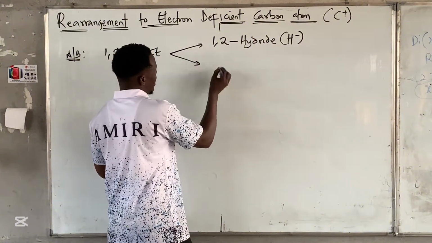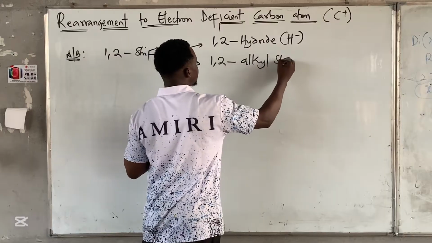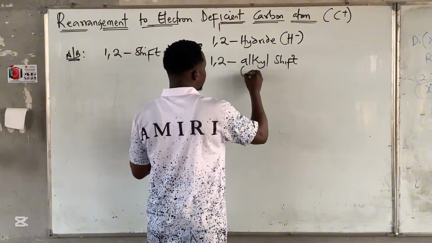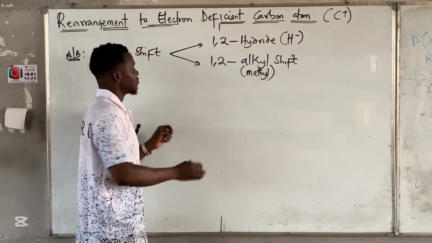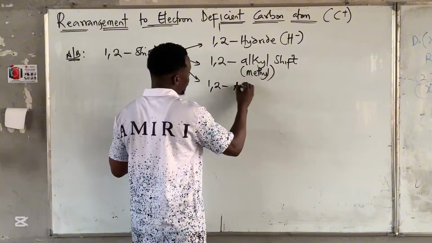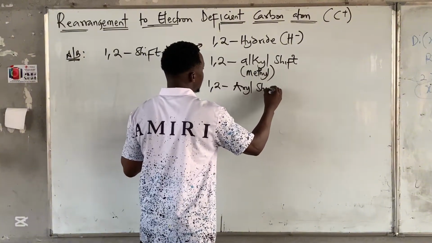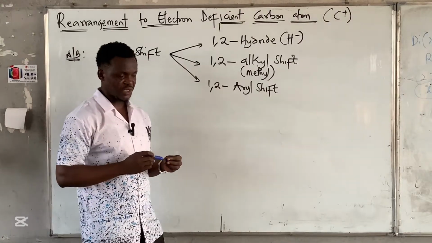This can still be a 1,2 alkyl shift, where most of the time the alkyl we shift here is always methyl. This can also be a 1,2 aryl shift. Now the aryl shift is basically the one that contains a benzene ring.